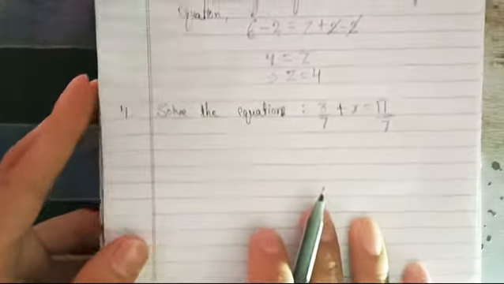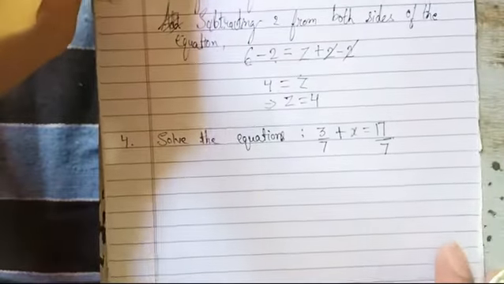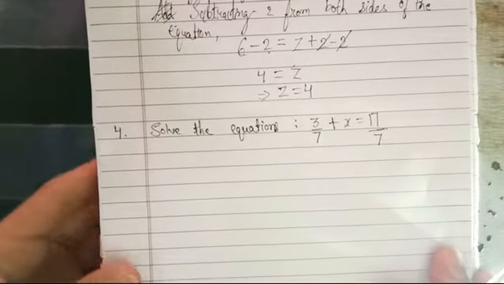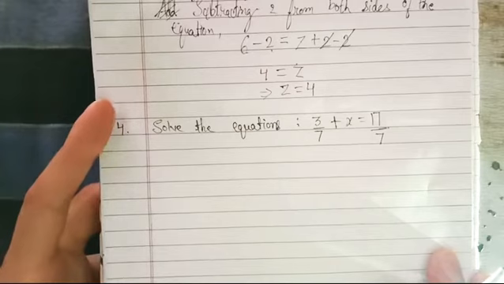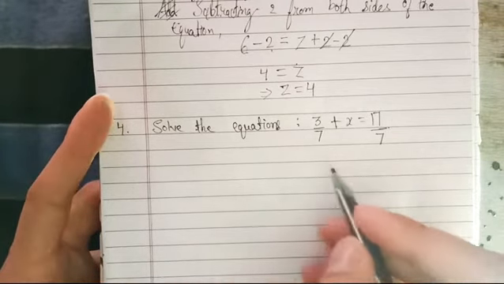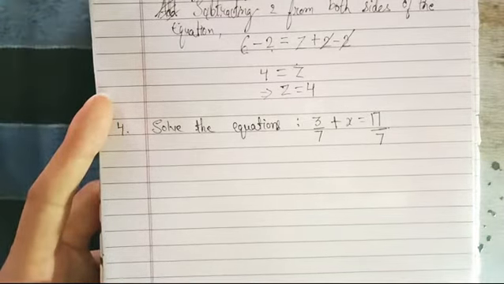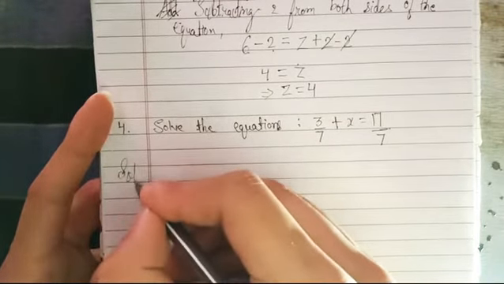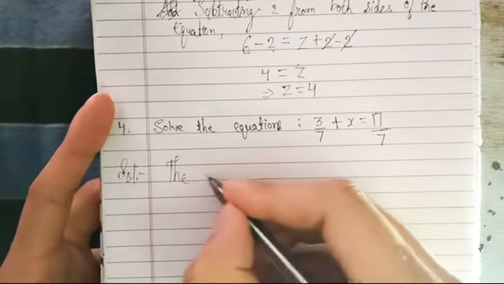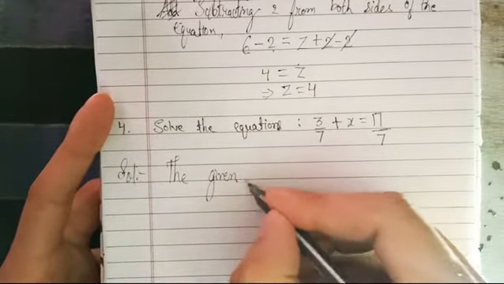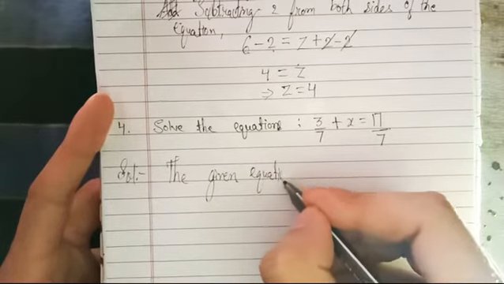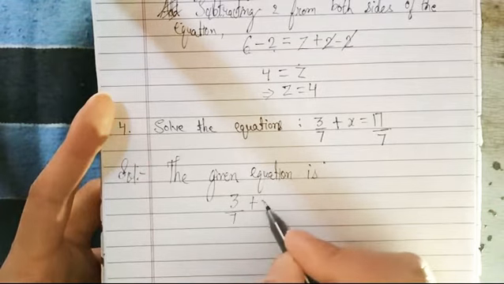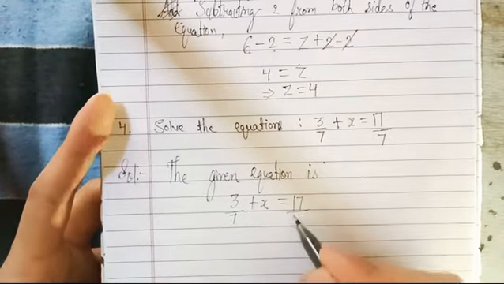That is the answer. Now fourth question. Solve the equation 3 upon 7 plus x is equal to 17 upon 7. First of all we will write the given equation: 3 upon 7 plus x is equal to 17 upon 7.